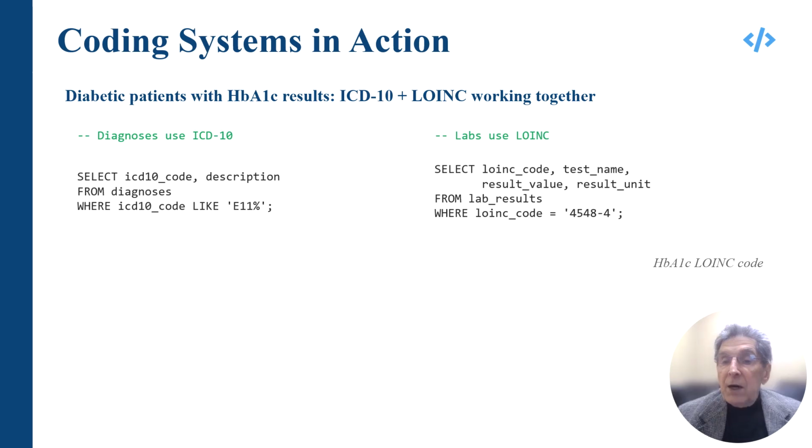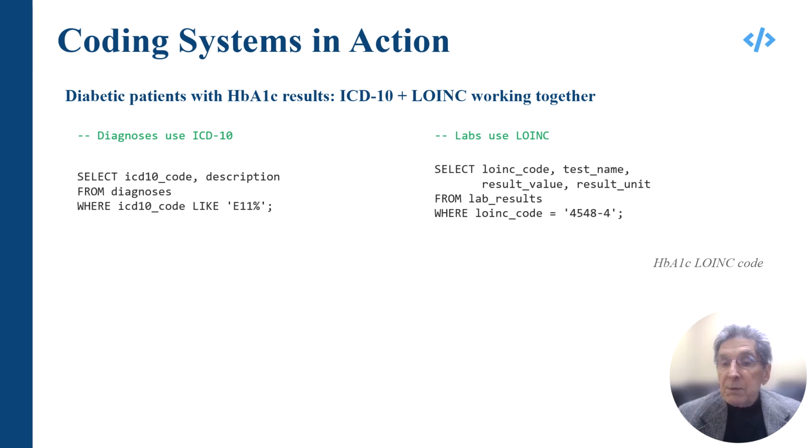And this connects to FHIR. When you create a FHIR Condition resource for a diabetes diagnosis, the code element uses ICD-10 with the system URL hl7.org/FHIR/sid/icd-10-cm.